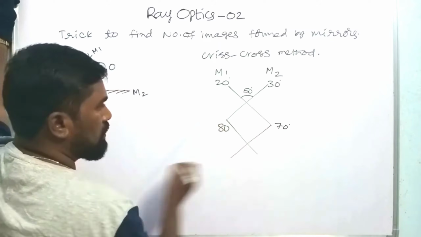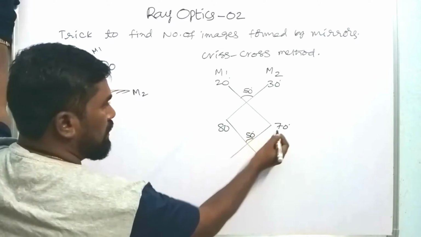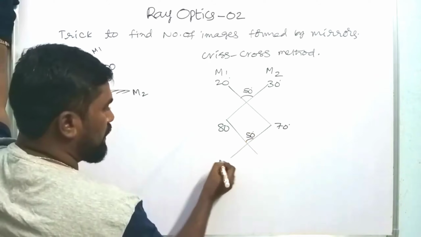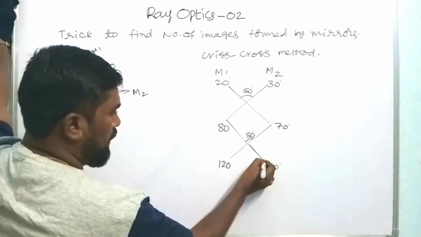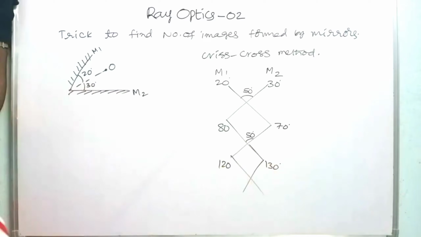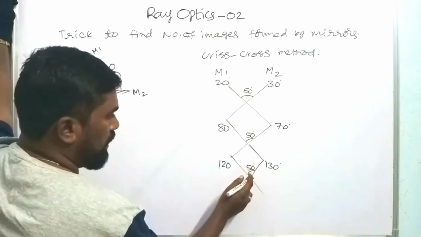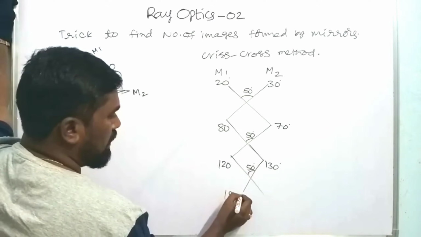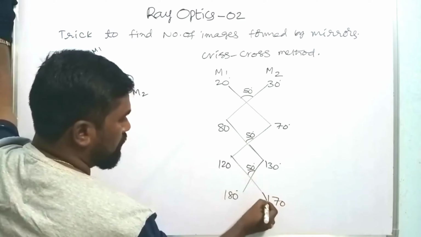Again crisscross. Here the angle is 50 degrees. 70 plus 50 is 120 degrees. 80 plus 50 is 130 degrees. Again crisscross. Here 50 degrees. 130 plus 50 is 180 degrees, and 120 plus 50 is 170 degrees.